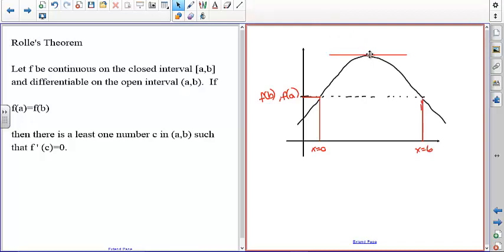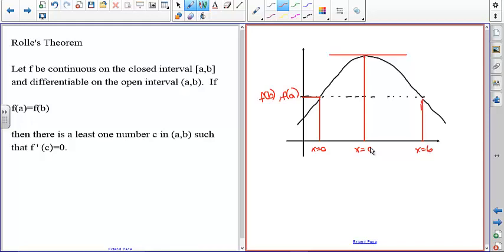So right there, that's where the value of the derivative is 0, and that happens at least once between x equals a and x equals b, and that value of x where that happens is called x equals c. That's a specific case. So it's kind of like, what goes up must come down, or what goes down must come up. I think that's my simple way of explaining Rolle's theorem.